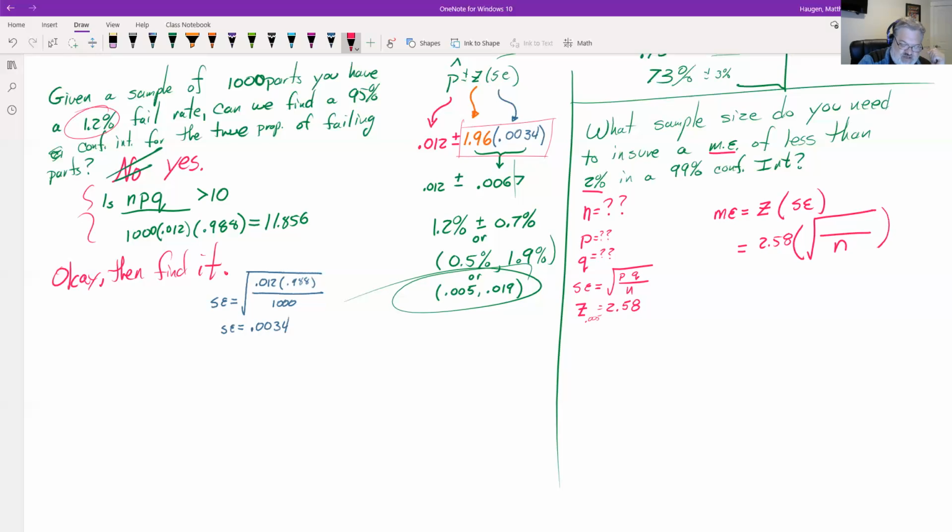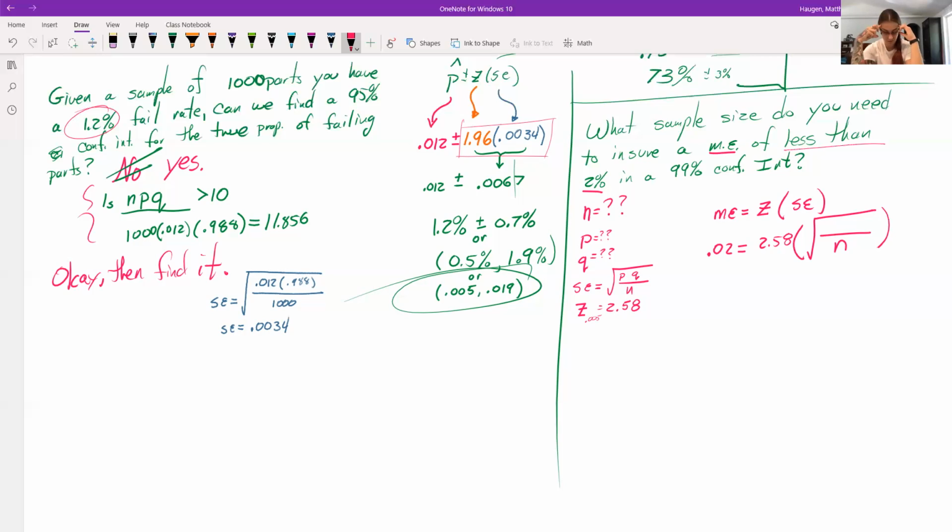But what's this supposed to equal? 0.02. And you're right, we want less than, so as long as the sample size is larger than what would make 0.02, this error is going to be less.